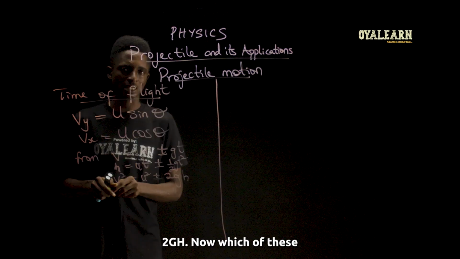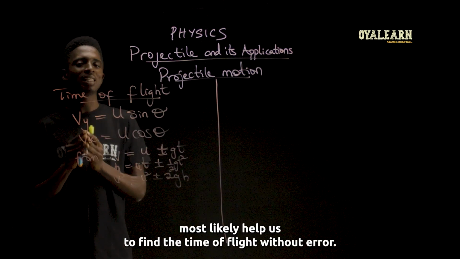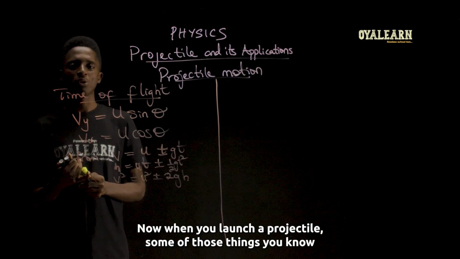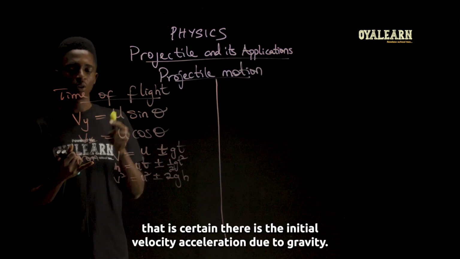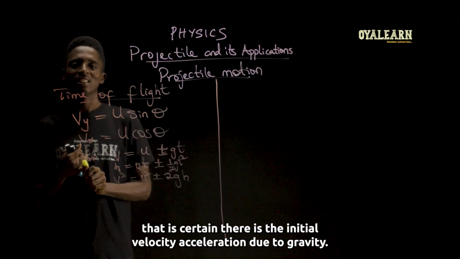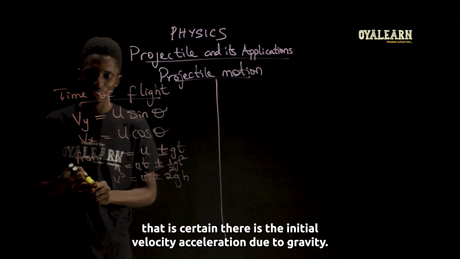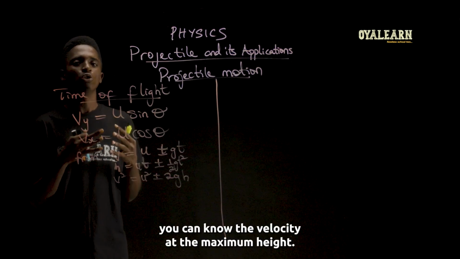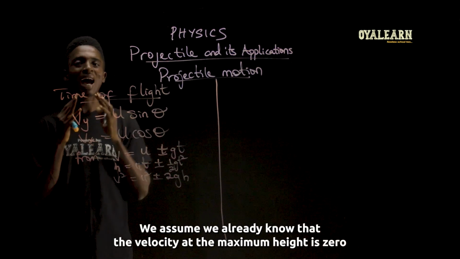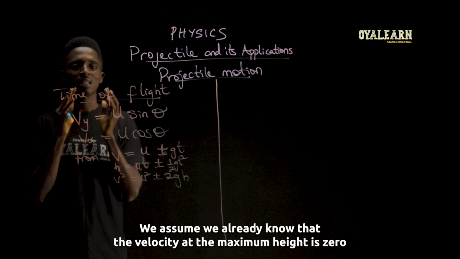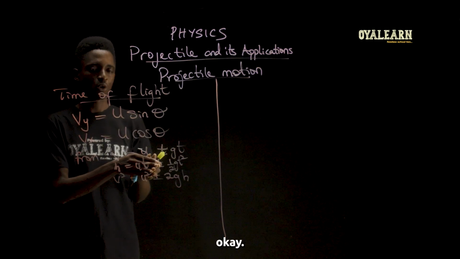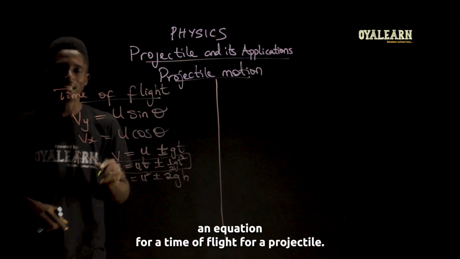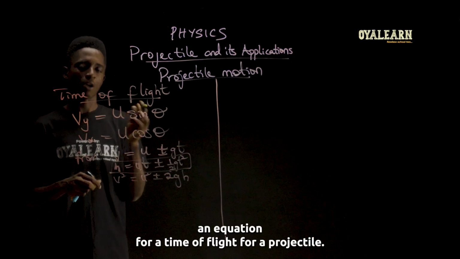Now, which of these most likely helps us to find the time of flight without error? When you launch a projectile, some of the things you know for certain are the initial velocity and the acceleration due to gravity, and then you can also get the height. Because when you know the height, you can know the velocity at the maximum height. We already know that the velocity at the maximum height is 0. So applying that, we can use this to find an equation for time of flight for a projectile.